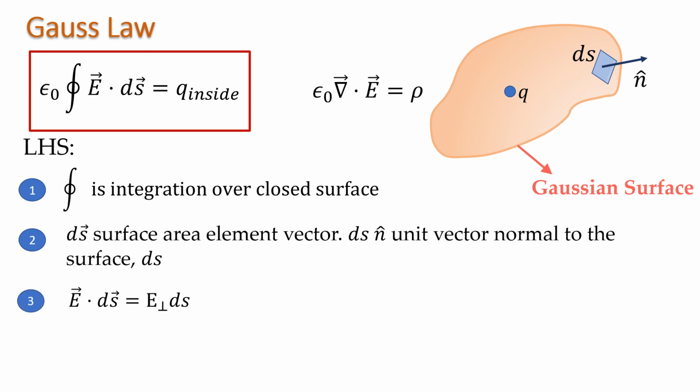The dot product E·dS is the electric flux coming out of the small surface. It is the component of E in the normal direction times the small surface area. Now let us use this to calculate the electric field.